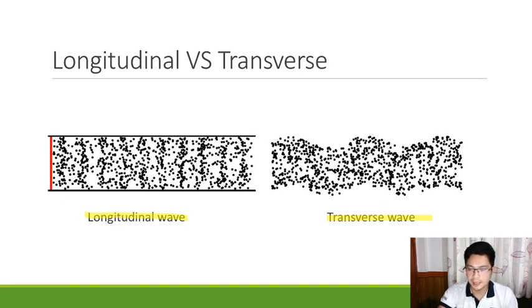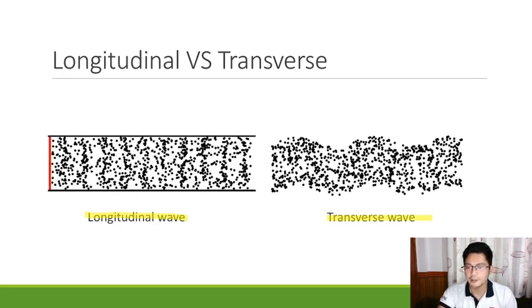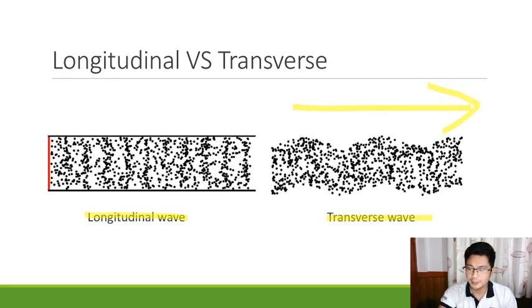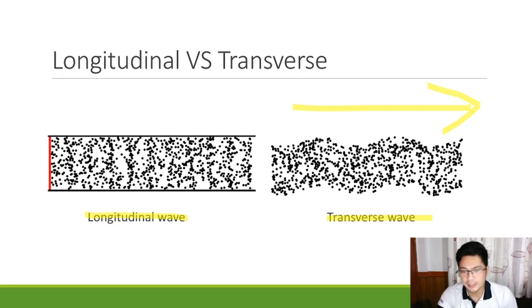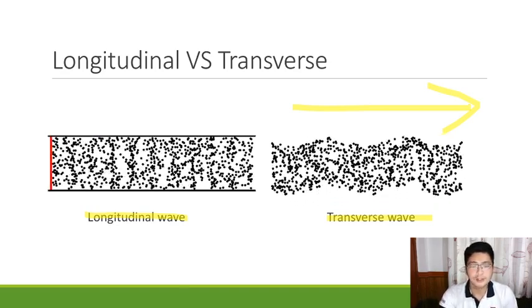So, kapag transverse ang waves natin, the movement of the particle is perpendicular to your direction. So, in this case, kung ang direction ng wave mo ay papunta dito, kung makikita natin, yung movement ng molecules natin is pataas pababa.